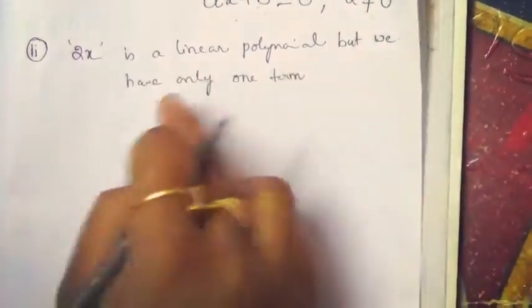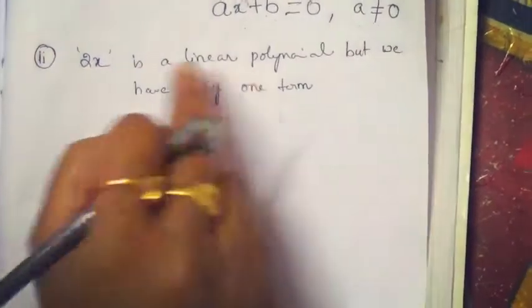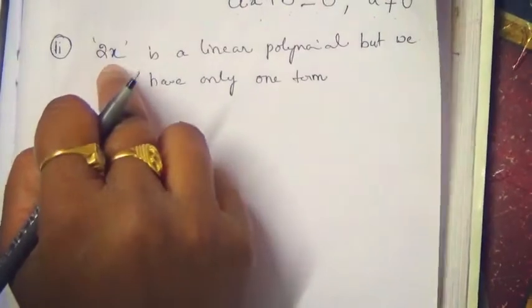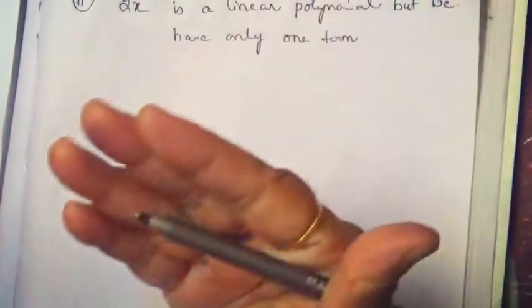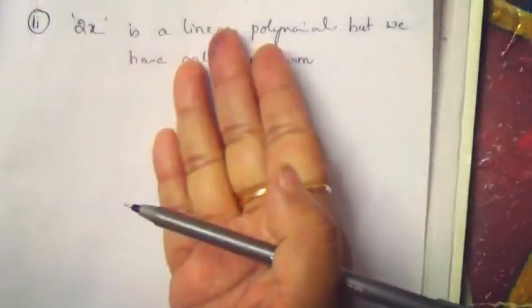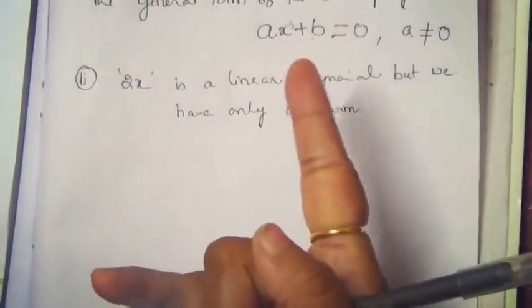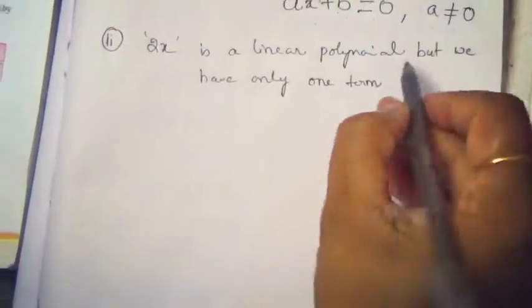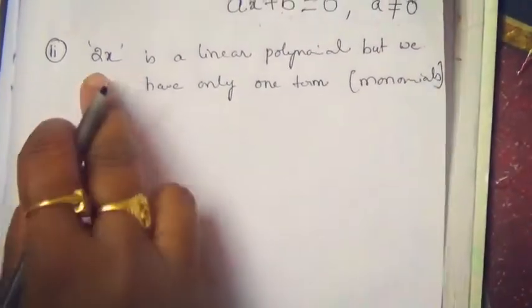It is a linear polynomial because the power of this x is 1. There is no constant, but no problem for that. This linear polynomial has only one term with the degree 1. For this kind of linear polynomial we call it a monomial. Monomial means only one term.